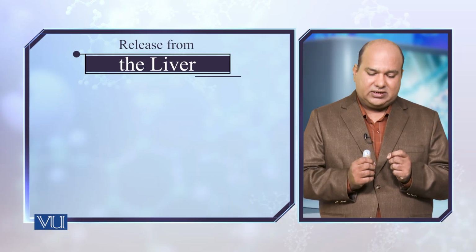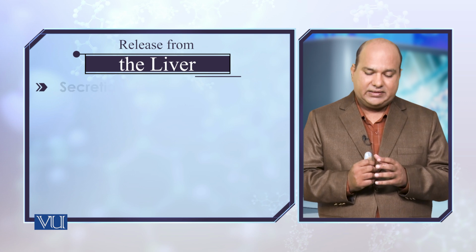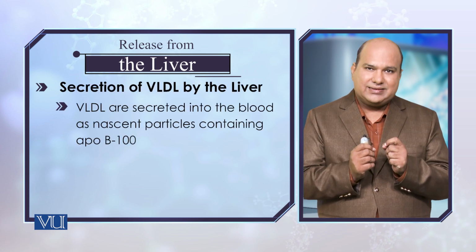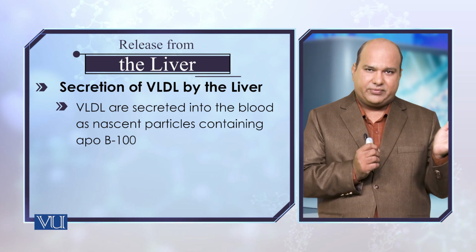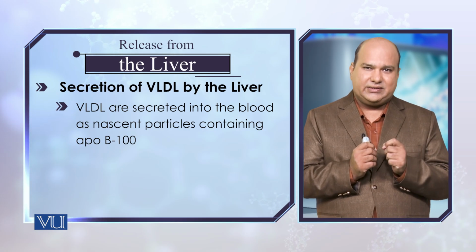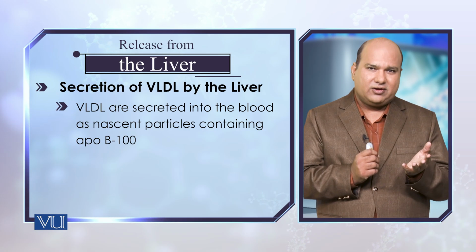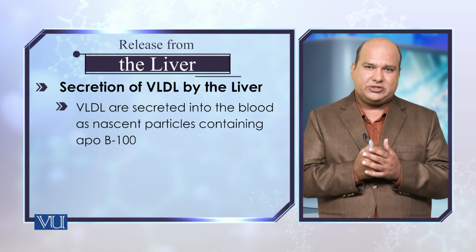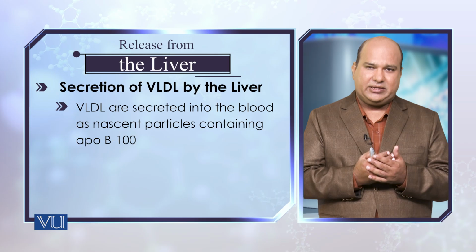As far as the secretion of the VLDLs by the liver is concerned, keep in mind that it is secreted into the blood after coming from the liver in a nascent form, as we saw the chylomicron also during its very starting phase of formation, that was also a nascent molecule.